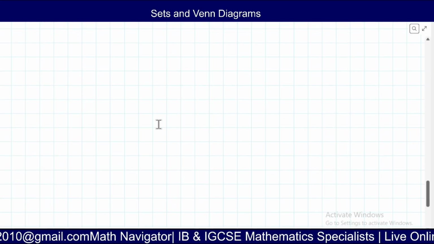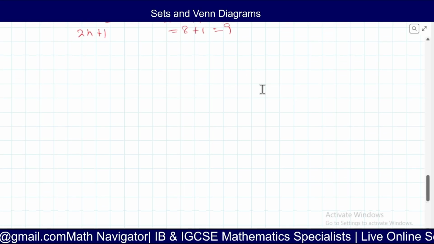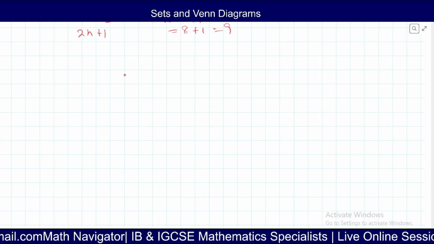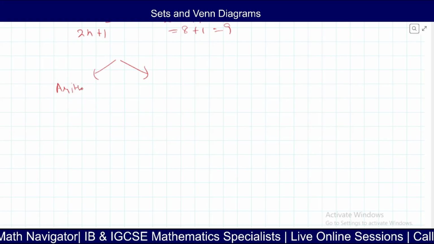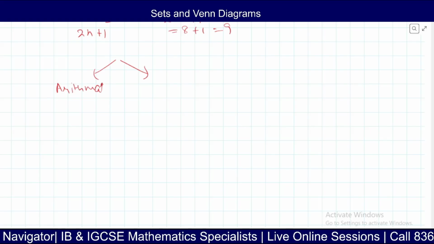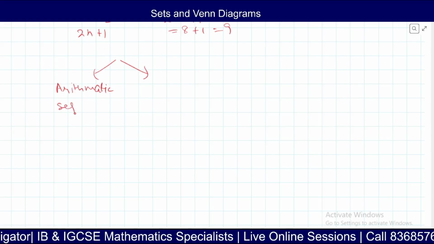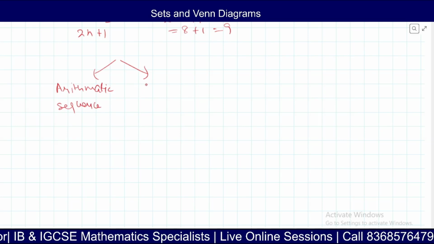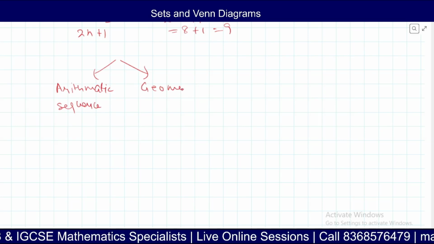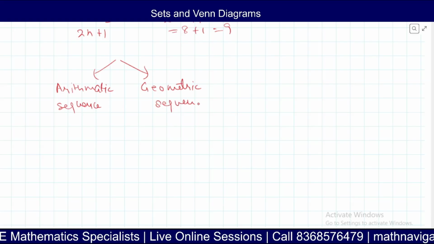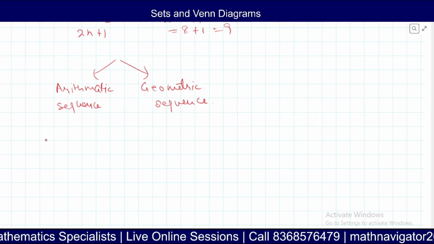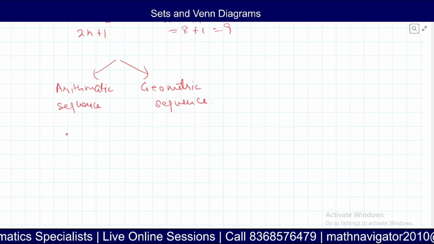Mainly we have two types of sequences. One is called arithmetic sequence, and another one is called geometric sequence. So first let's talk about arithmetic sequence.